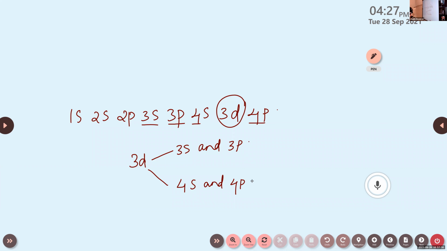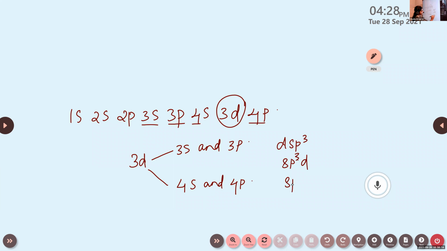So based on this, there are different types of hybridization. Clear, children? There is one table given in your textbook on page number 124. dsp2, then sp3d, sp3d2, sp3d2, again d2sp3. These are the different types of hybridization that take place among s, p, and d orbitals. These are all possible with the combination of 3d with 3s and 3p, and the combination of 3d with 4s and 4p.